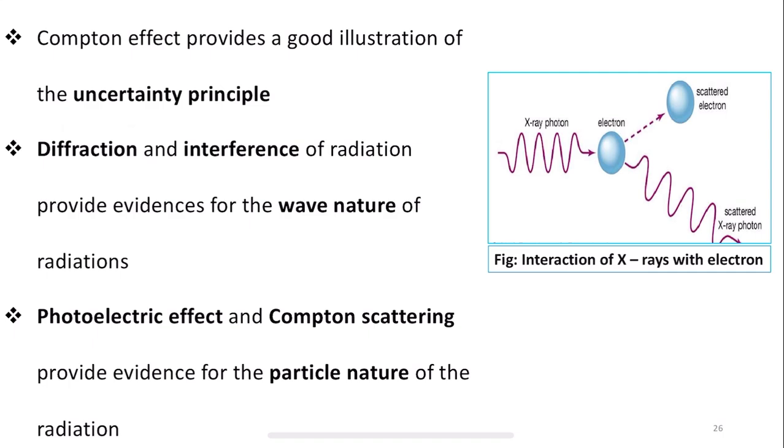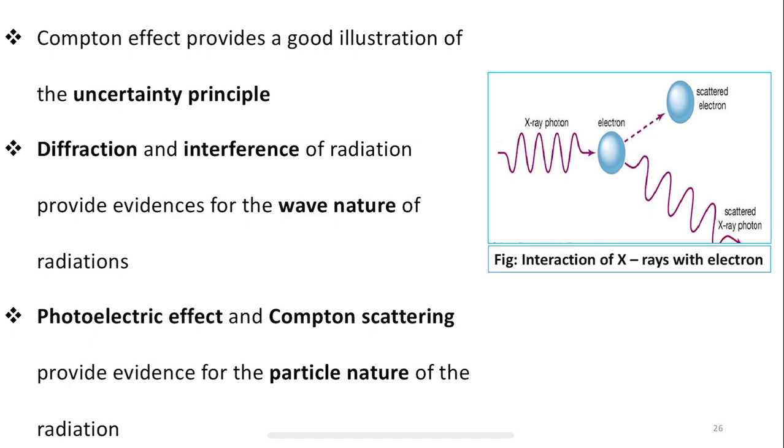So the energy which has been transferred to the electron, whose energy will therefore change, and so the momentum will also change. You will understand this in a better way when we discuss Heisenberg's uncertainty principle. What does Heisenberg's uncertainty principle say? It states that it is not possible to determine exactly both the position and momentum of small moving particles. That is what is called the uncertainty principle.